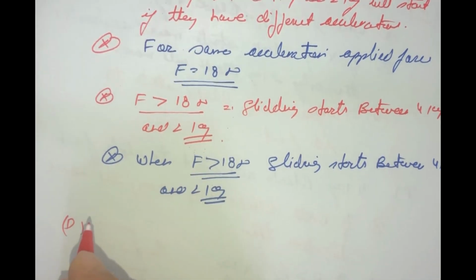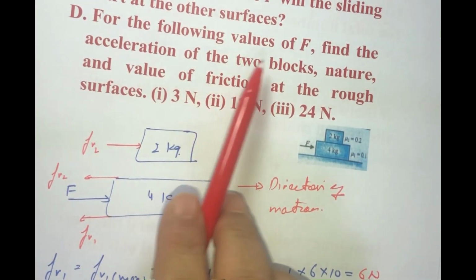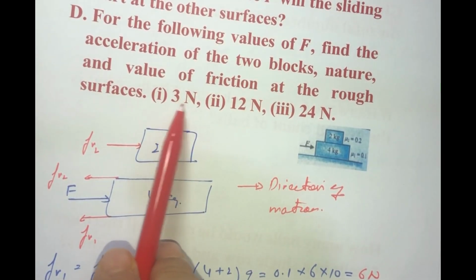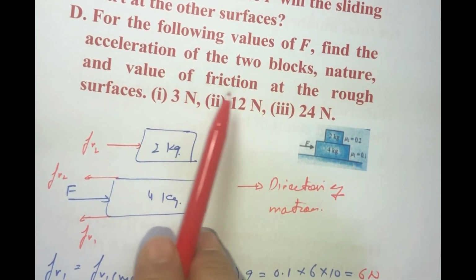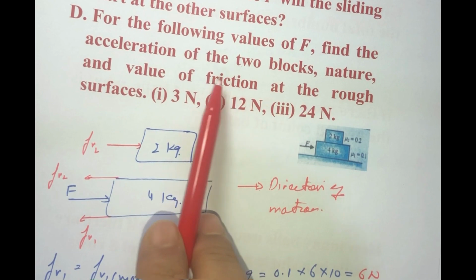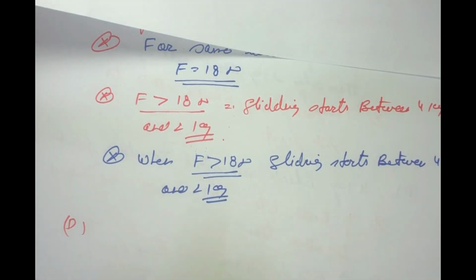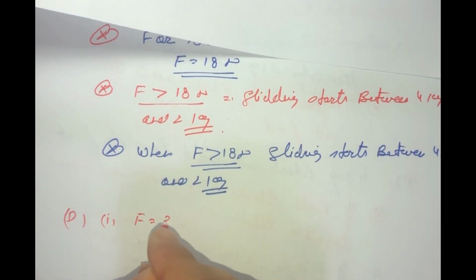In the D part, we have to take different values of force, first 3 Newton, then 12, then 24, and find out the value of the friction, nature, and the acceleration in the two blocks. So for the first part, F is equal to 3 Newton.